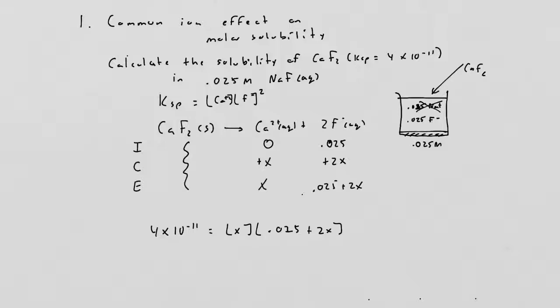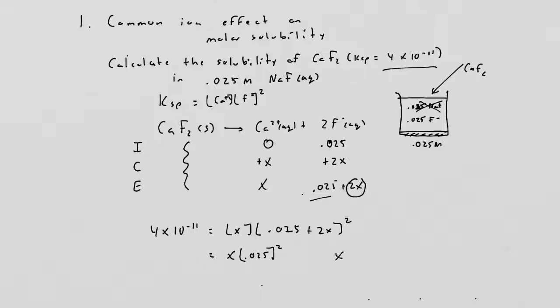But I'm going to assume that, considering how small this Ksp value is, the amount of extra fluoride ions that are going to be added to the 0.025 is going to be negligible, or at least less than 5%. So when I do the math here, this number is equal to X times basically 0.025, forgot the second power there, squared.